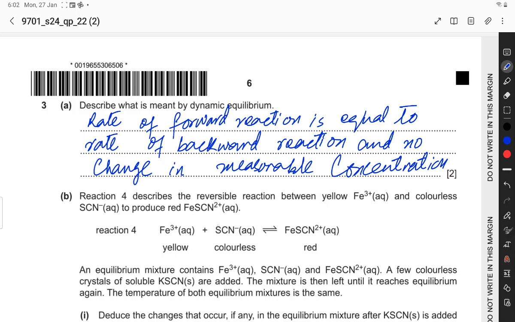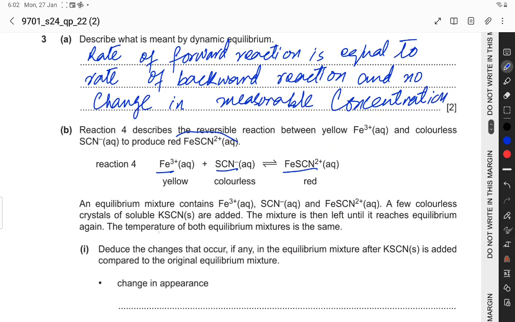Reaction 4 describes the reversible reaction between yellow iron 3 and colorless SCN to produce a red product. These are the two reactants and this is the product formed. An equilibrium mixture contains iron 3, thiocyanate, and the iron thiocyanate complex ion.